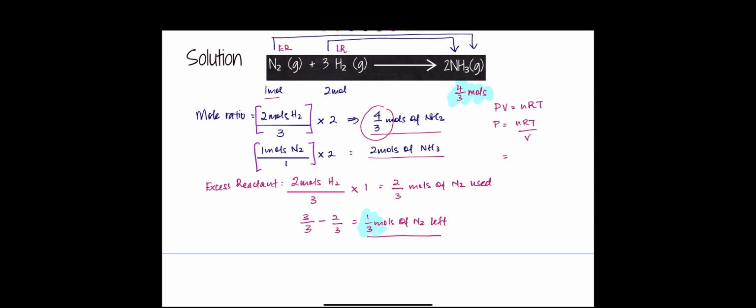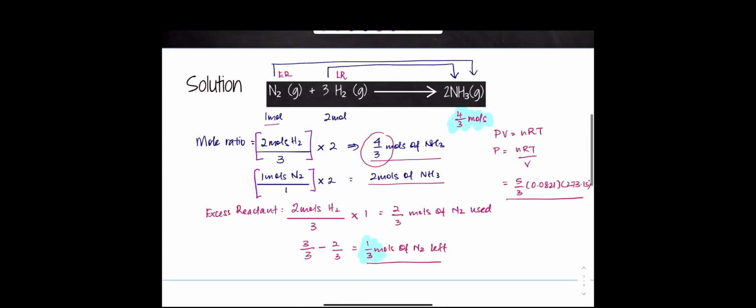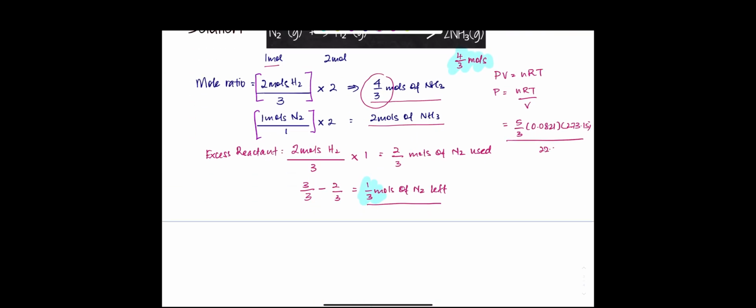That will be 5/3 moles multiplied by my gas constant, multiply by the temperature, divide by the volume. In this case, it was given as 22.4 decimeter cube.